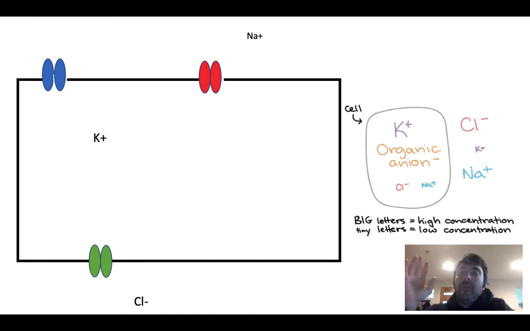So a lot of anatomy and physiology instructors will ask a pretty straightforward question. What do you think changing the permeability of a membrane to a specific ion will do to that cell's membrane potential? Will it make that membrane potential more positive? Will it make that membrane potential more negative? So remember, resting membrane potential is negative 70 millivolts.